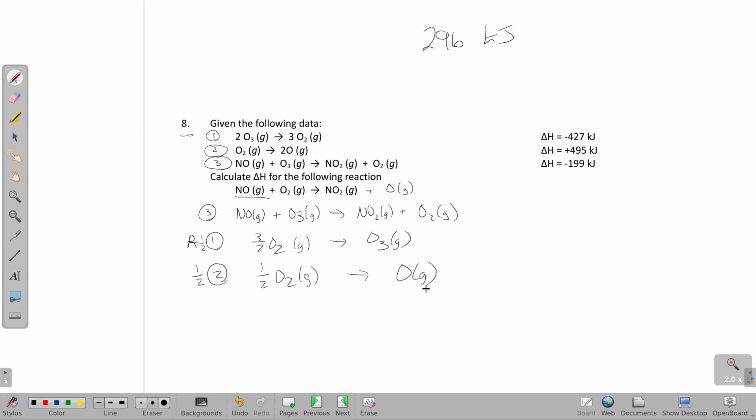Alright, now I've created this, I want you to notice that the O3 as a reactant here and a product here, since they're on opposite sides, they cancel out. I have one whole O2 here. I have 3/2 and a half of an O2, so that would add up to 2 O's. So we're going to lose this, and this is going to go to just 1 O2.